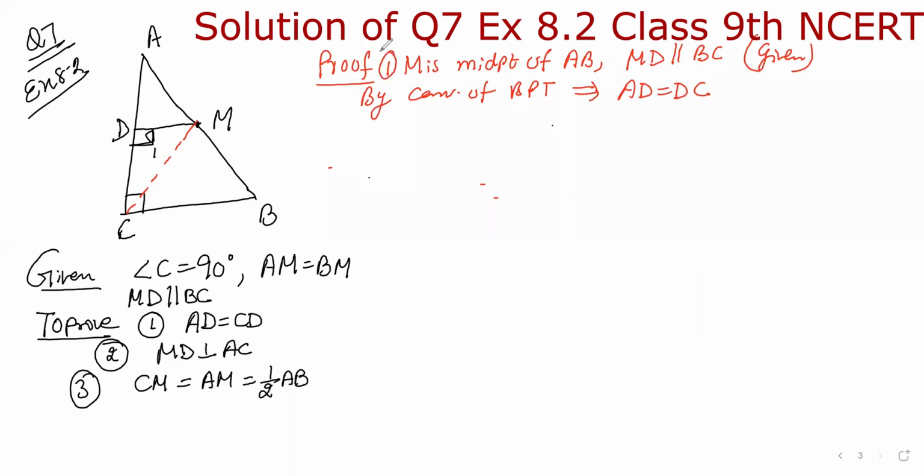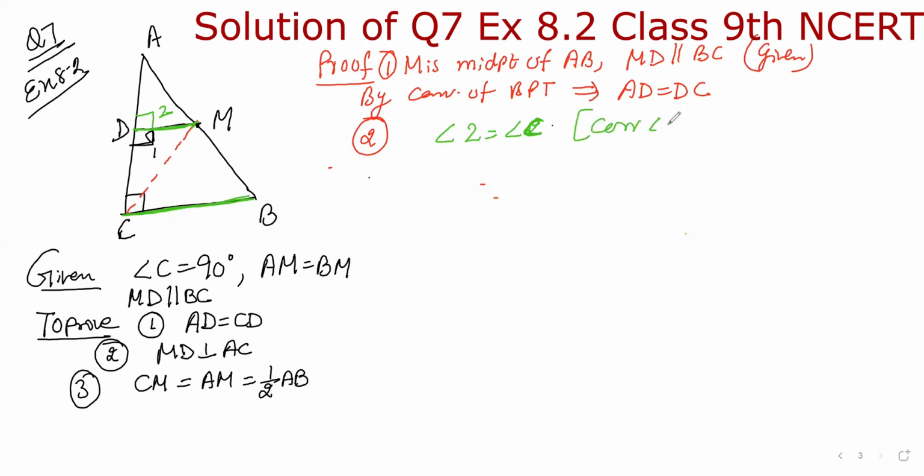First part is proved. For the second part, we have to prove that MD is perpendicular to AC. Now see here, अगर ये मिड पॉइंट है और ये लाइन पैरेलल भी है. So suppose angle C and angle, this is angle 2. Angle 2 is equal to angle C. Why is angle 2 equal to angle C? We have MD. These are corresponding angles.